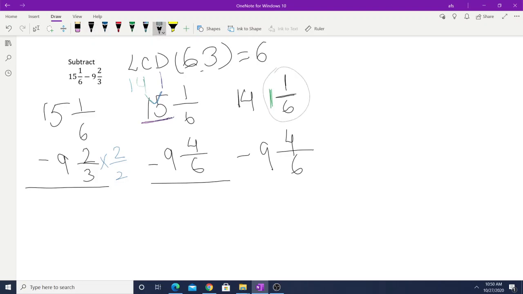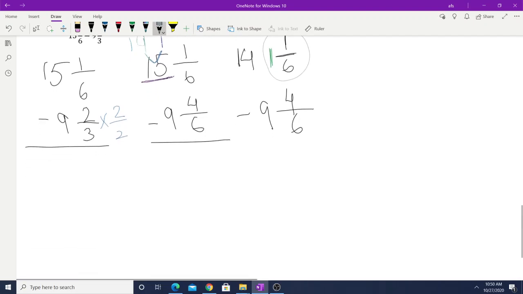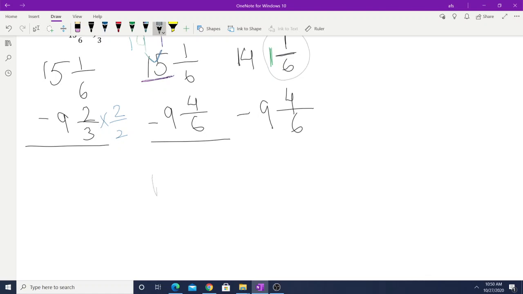We need to clean up this 1 1/6 so we are able to go ahead and subtract the 4/6 out of it. In the bottom, I'm just going to rewrite that mixed number.